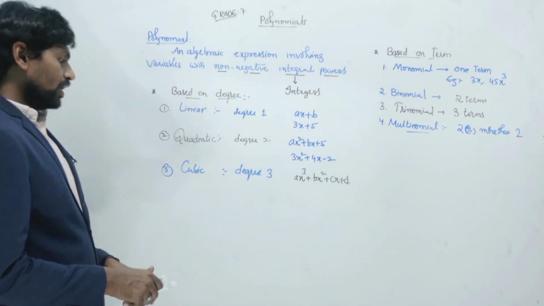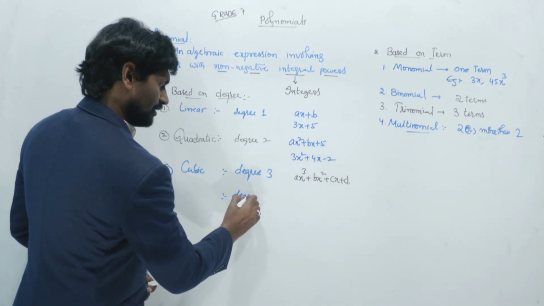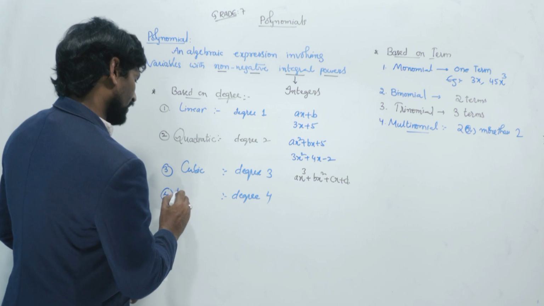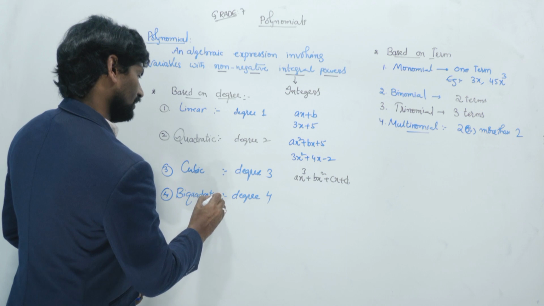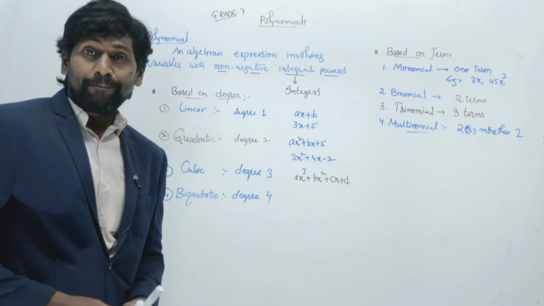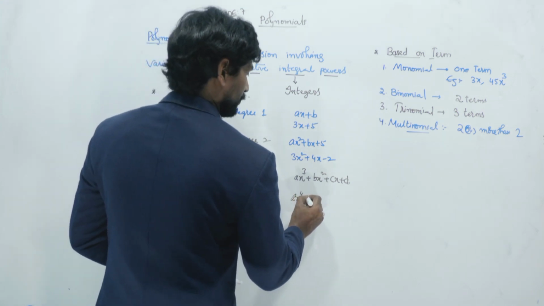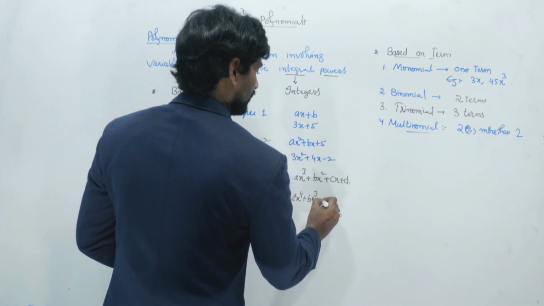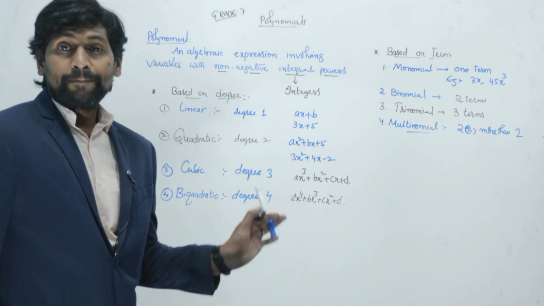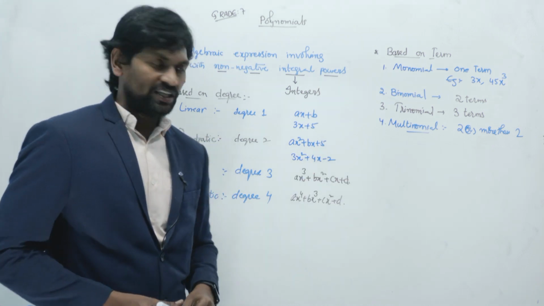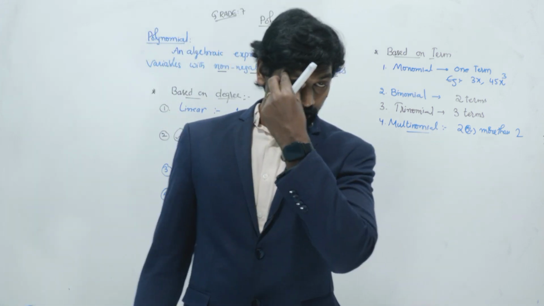Now, degree 4 polynomial is called biquadratic polynomial, and its general form is ax power 4 plus bx cube plus cx square plus d. Clear? And so on. Pentic, hexic, septic, like that.